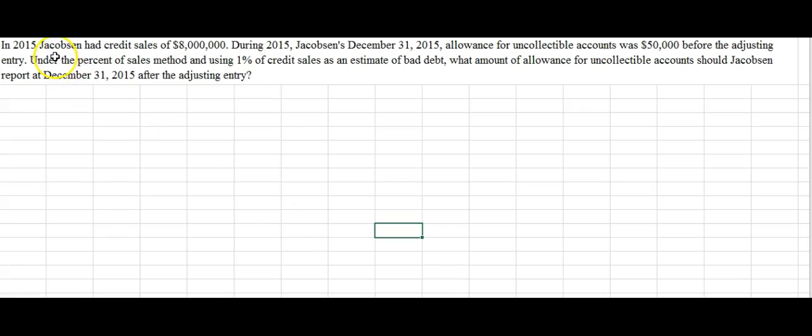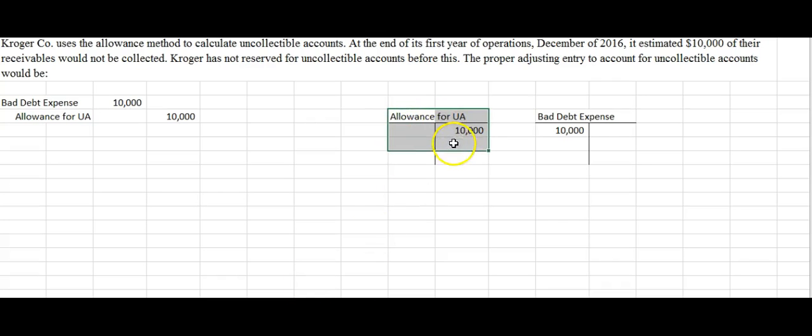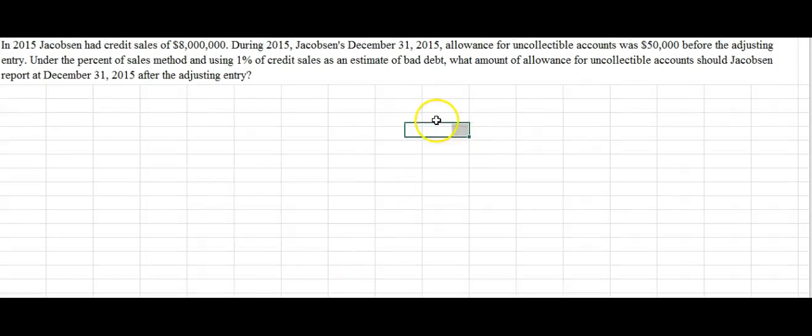It says Jacobson has credit sales of $8 million during 2015. Jacobson's December 31, 2015 allowance for uncollectible accounts was $50,000. Okay? So let me do that again. Maybe I could just copy and paste it over here, right?